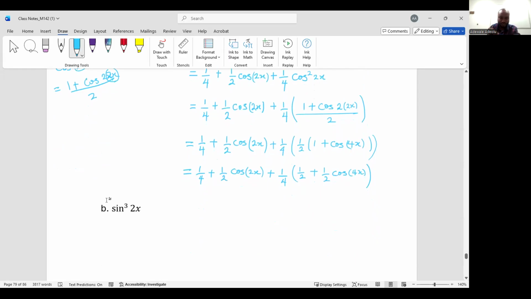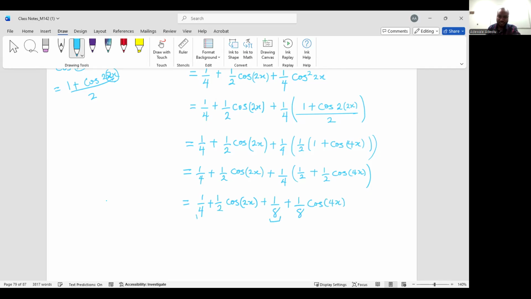So this is equal to 1/4 plus 1/2 cosine of 2x plus 1 over 8 plus 1 over 8 cosine of 4x. And we are done.